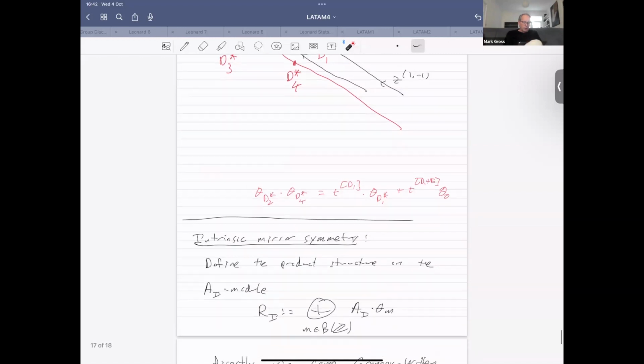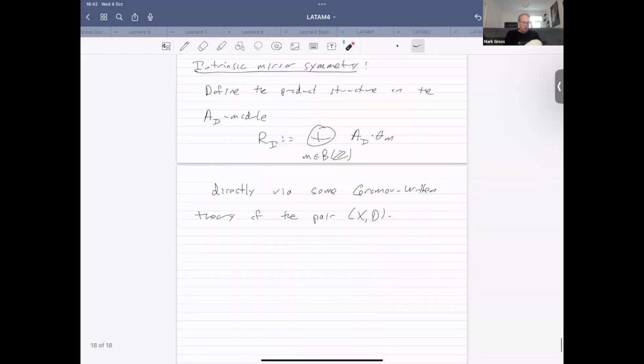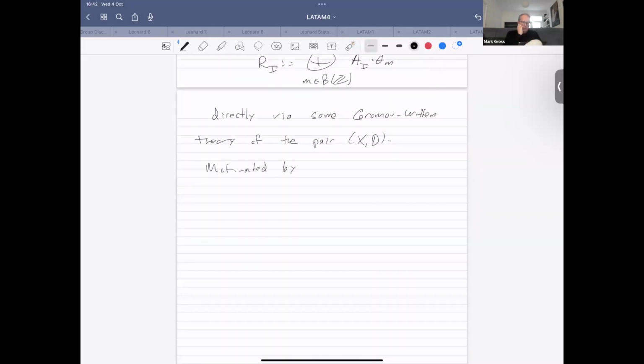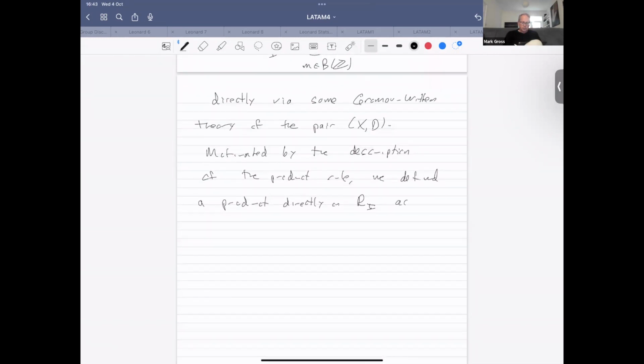So motivated by the description of the product, we define the product directly on Ri as follows.